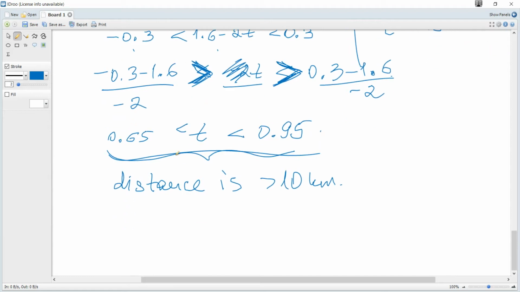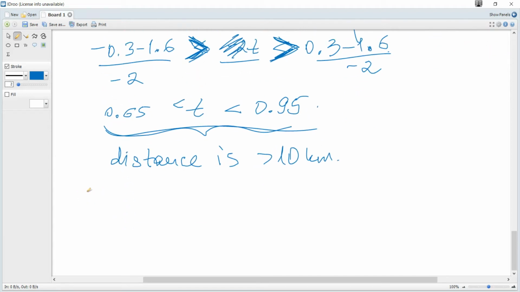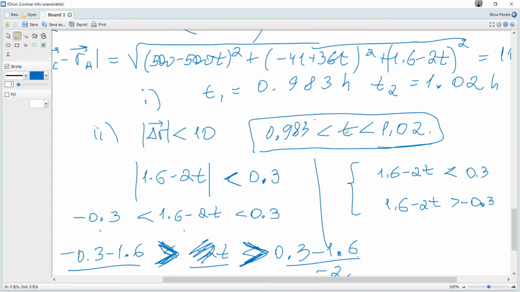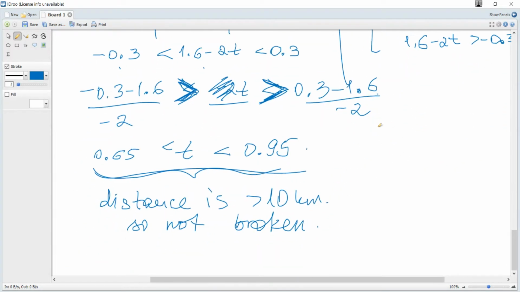So the two conditions are never broken at the same time, so regulations are not broken. And here the difference in height is greater than 300 meters, so also not broken.